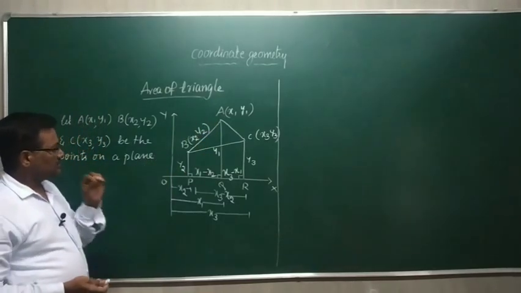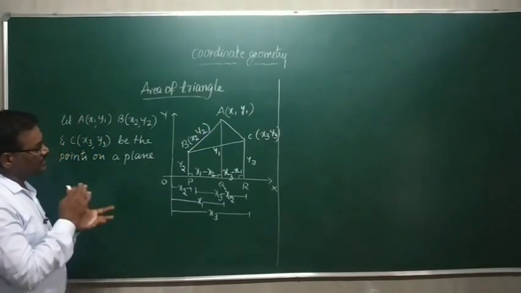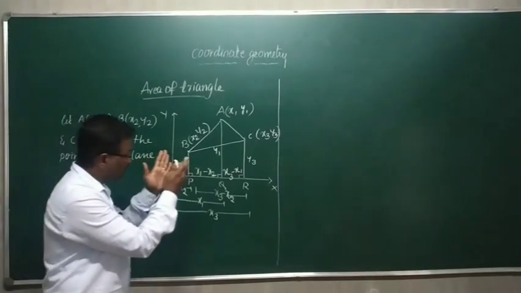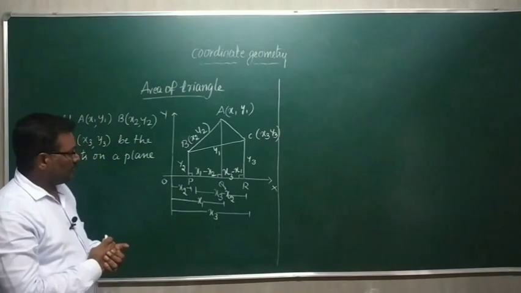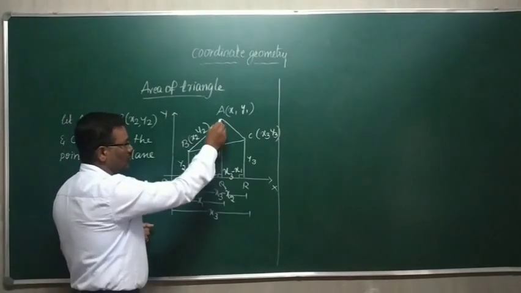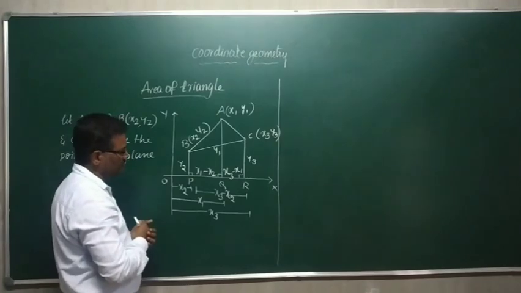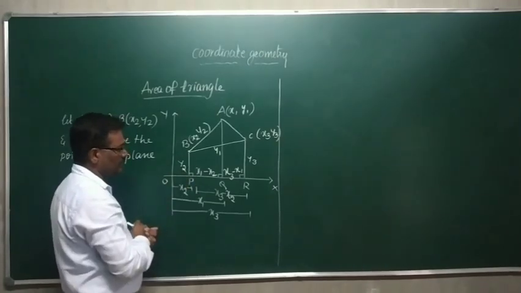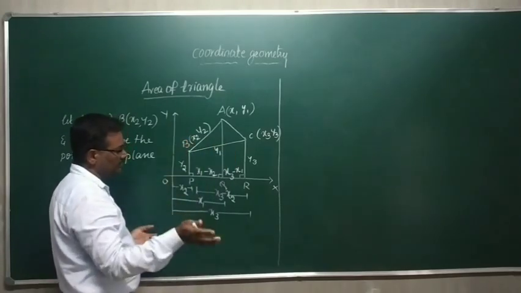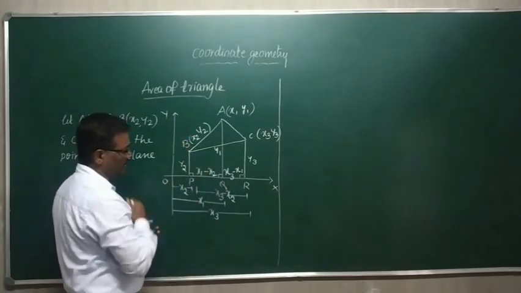I am giving you a simple idea. How do we get area of the triangle? By observing the geometrical figures here. Observe BPQA, a quadrilateral, in which BP is parallel to AQ. As I mentioned earlier, these two are parallel.